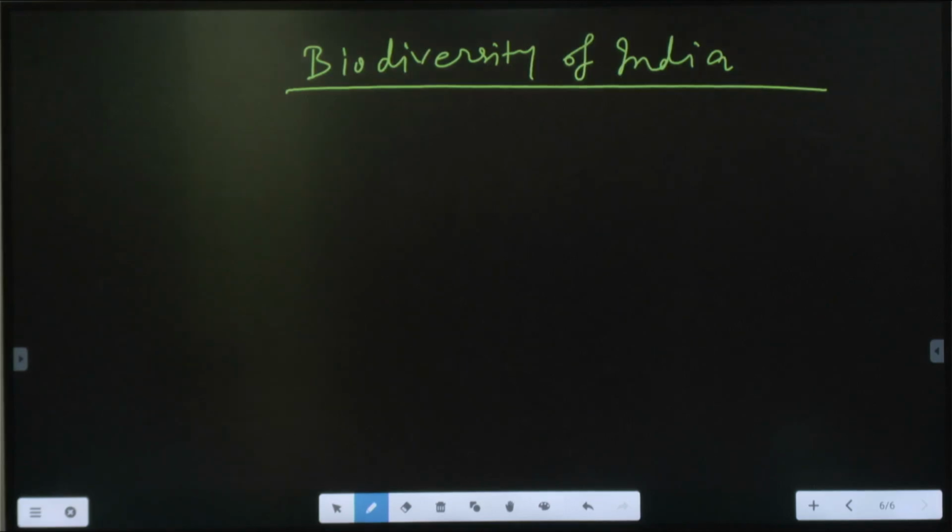Then we talked about measurement of biodiversity. In measurement, we followed the discussion of alpha, beta, and gamma diversity. Second last theoretical aspect was biodiversity of India, and after that, the last content was biodiversity services.